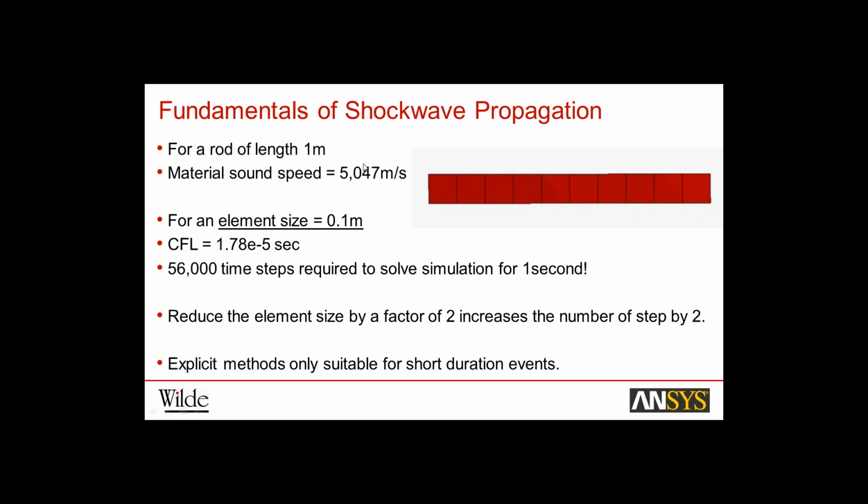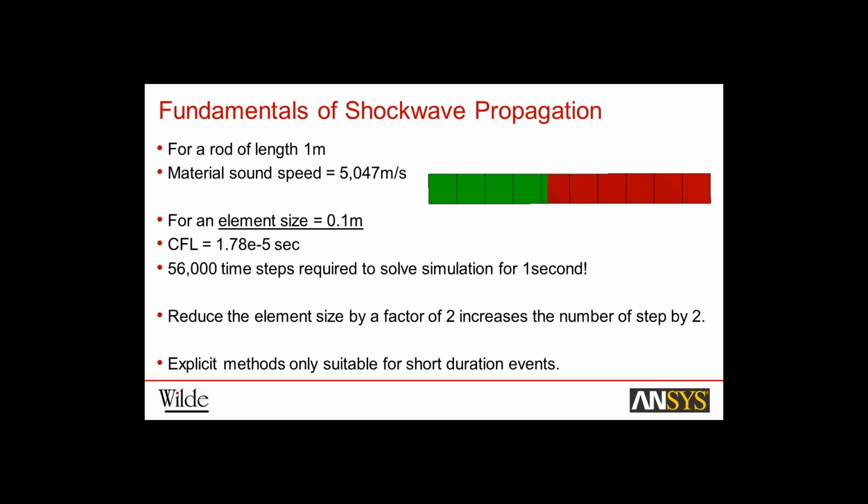It's steel, so we've got the speed of sound of that material, which is 5,050 meters per second. For a given mesh size, that effectively equates to a CFL number of 1.78 e to the minus 5 seconds. So if I just play the video, you can see the compression wave and the reflective wave progressing through the rod over time.